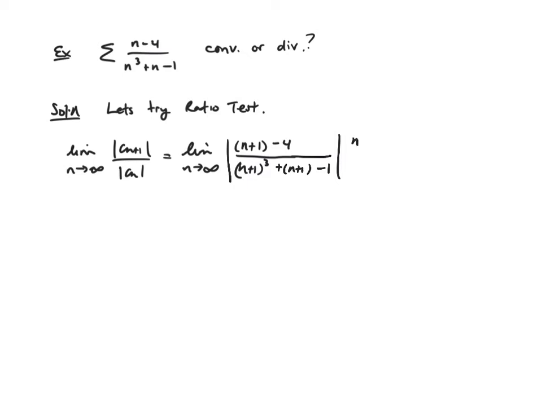So that gives me n cubed plus n minus 1 all over n minus 4. All right, so I look at this expression and it's probably annoying to expand out the n plus 1 cubed and then group all those together and then further multiply out what will end up being 6 different terms on top and bottom.